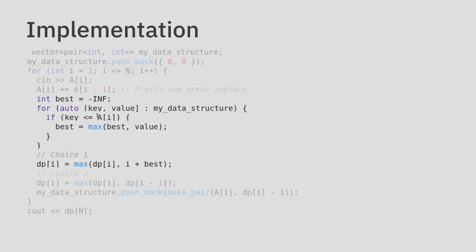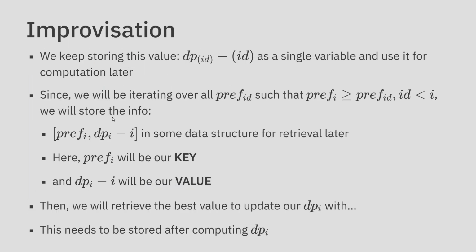So the first choice is to take the best value over all the keys which are less than or equal to a of I. A of I is our prefix array, and update our dp of I with the best value for the corresponding key that we found from this slide, right?